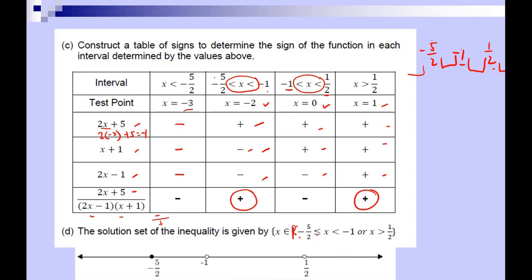So consider less than or equal to, and then we will have this one, greater than or equal to 1/2. And then dito, negative 5 over 2 kasi may equal sign sa ubos.